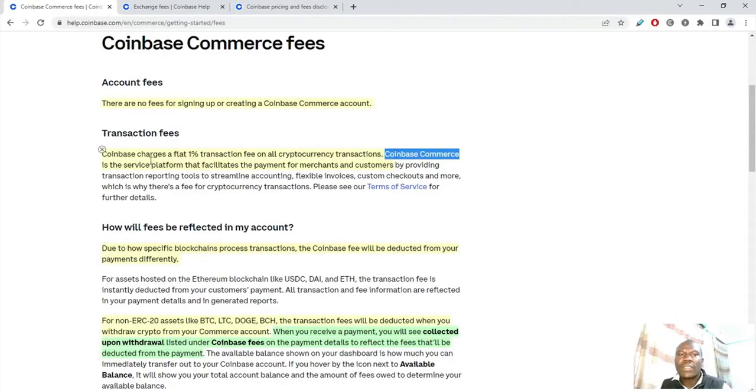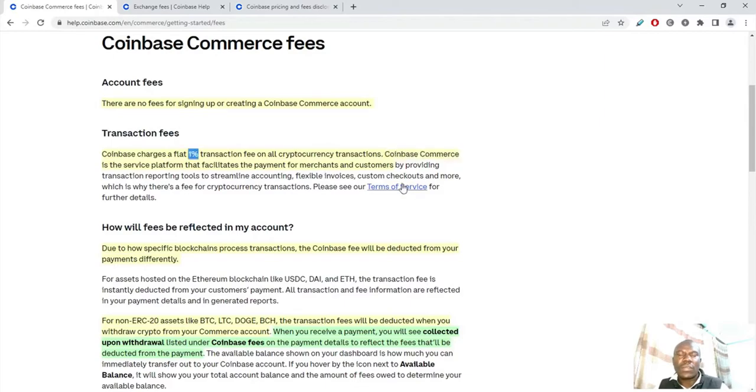Coinbase Commerce is the service platform that facilitates payment for merchants and customers. It is for when you have an online shop and customers pay using crypto. So this is what Coinbase charges for any transaction fee that you will incur on your Coinbase merchant account, which is a Commerce account.